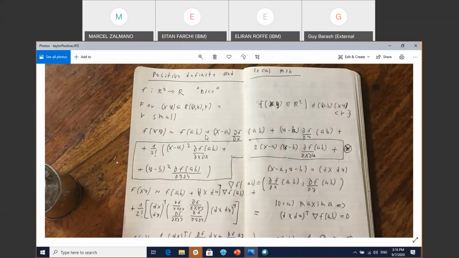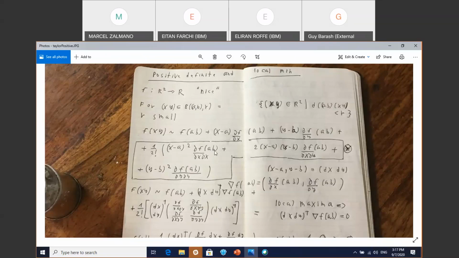So we are asking for more than what we need, because when you write the Taylor expansion precisely, it will be some point in the ball, not necessarily A and B. So we will require that the Hessian is positive definite for all points in the ball, and then it's also bigger than 0 for the special point.